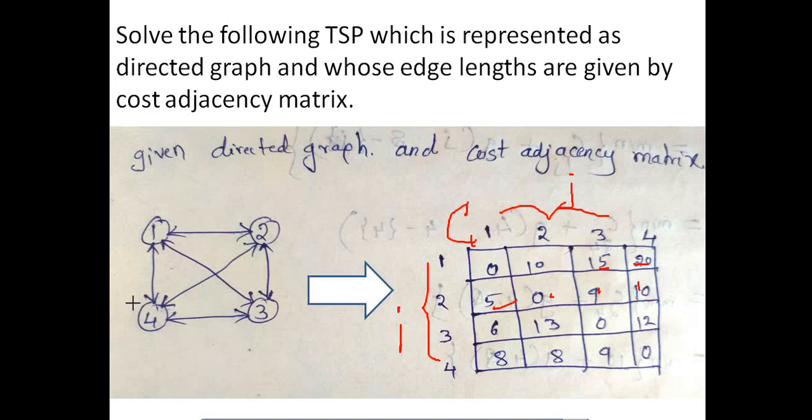Here we have to find the minimum path. Consider any one vertex as the source vertex. In this example we are taking 1 as our source vertex. This person can travel vertex 2, vertex 3 and vertex 4 and return back to vertex 1.